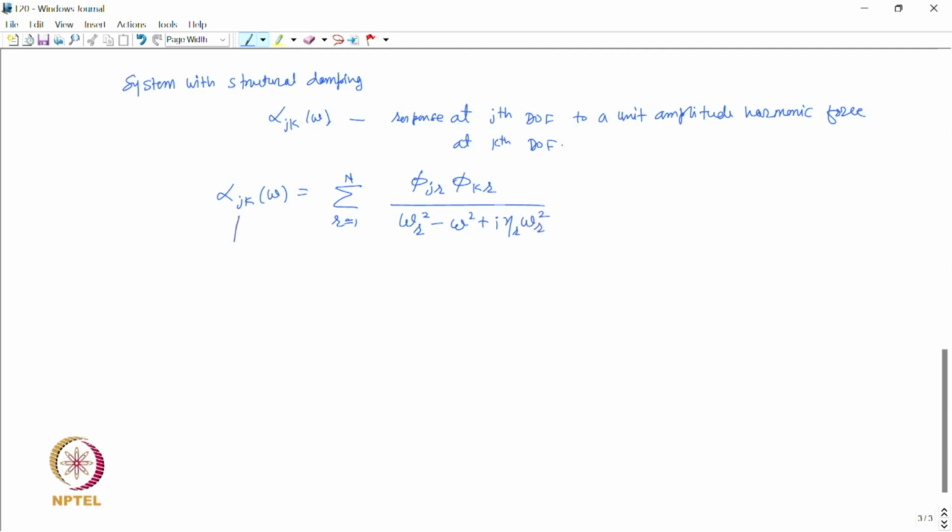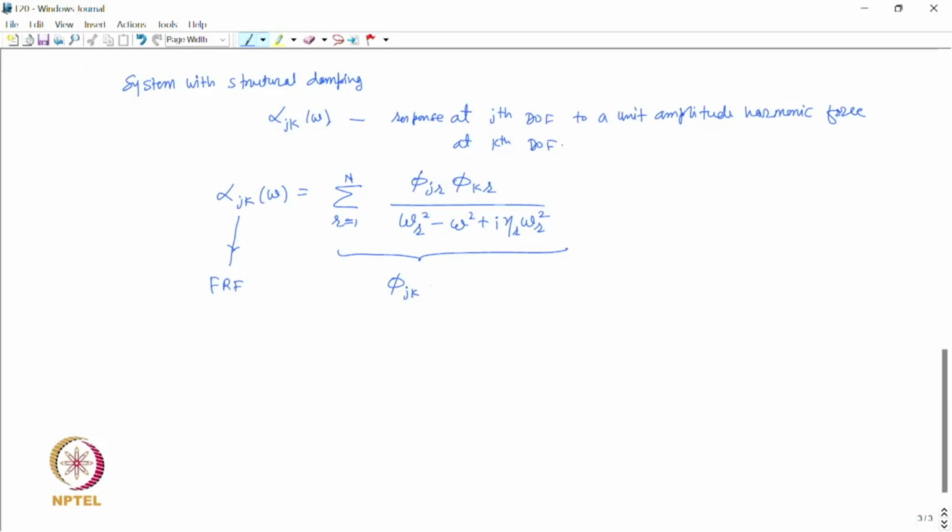So on the left hand side we have this frequency response function, FRF, and on the right hand side we have the excitation frequency omega, and apart from that we have the parameters like the jth and kth elements of the rth mode shape, and then we have the natural frequency omega r of the rth mode, and then the loss factor of the rth mode.